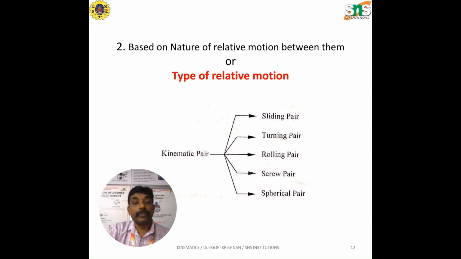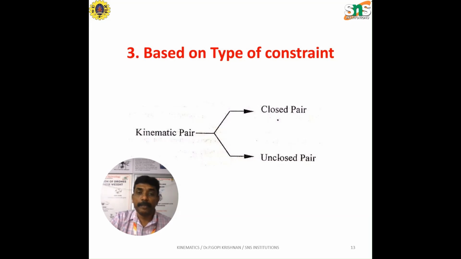Based on the type of relative motion, the kinematic pair can be classified into a sliding pair, turning pair, rolling pair, screw pair, or the spherical pair. Based on the type of constraint, a kinematic pair can be called a closed pair or an unclosed pair. We'll see the definition of each and every type of kinematic pair and every classification.